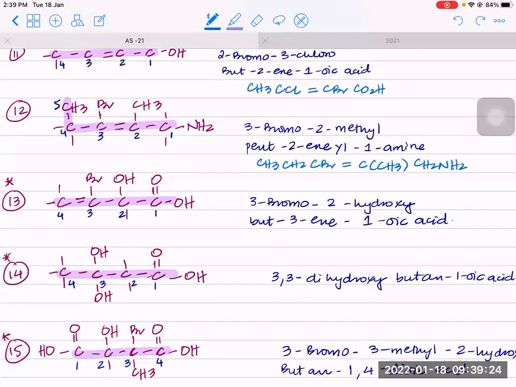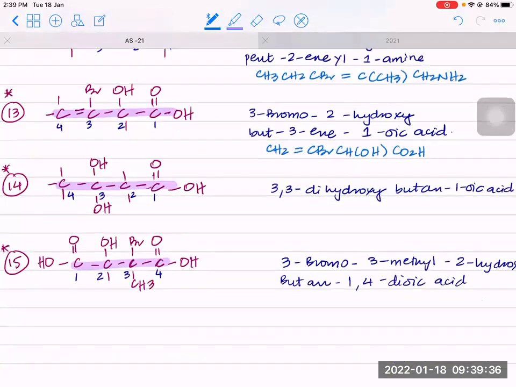Yeah. Number 13 would be CH2 double bond, CBr, then you have CH bracket OH, and then you have CO2H. Number 14 is CH3, C bracket OH twice. Either you write it like this or you write two OHs like this. Either way is fine.